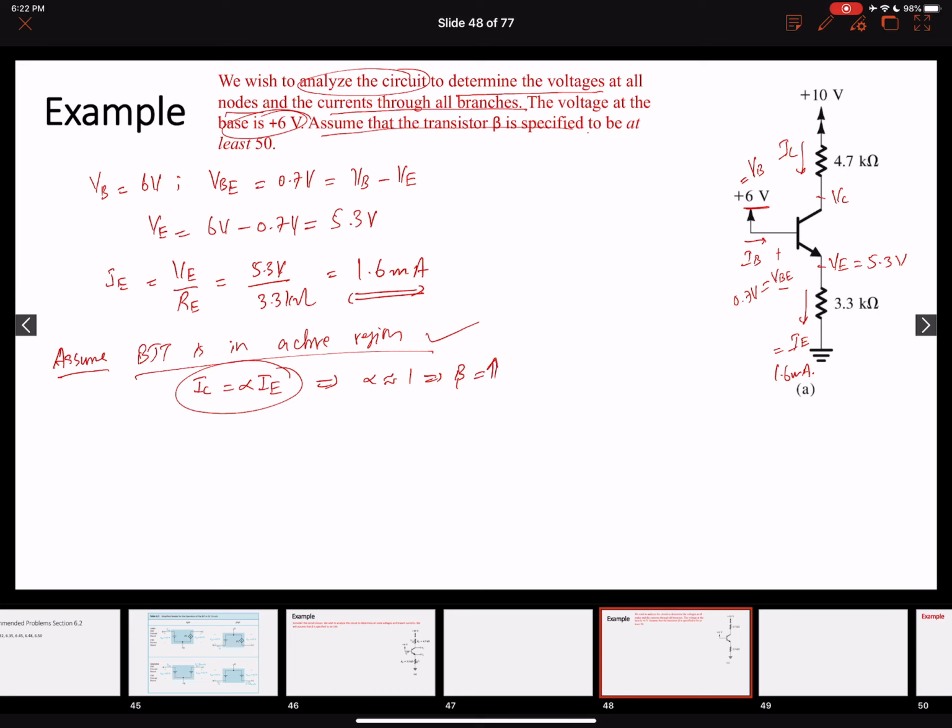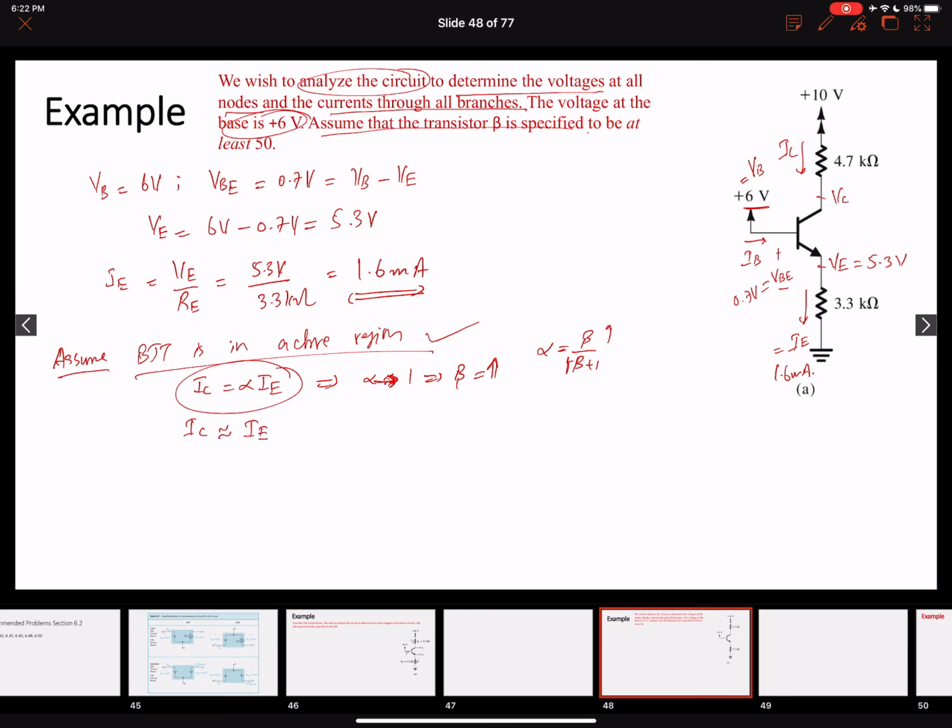If you remember, alpha equals beta over beta plus 1. So if our beta values are very large, alpha approaches 1. So we're going to make the assumption that our collector current is almost equal to the emitter current.